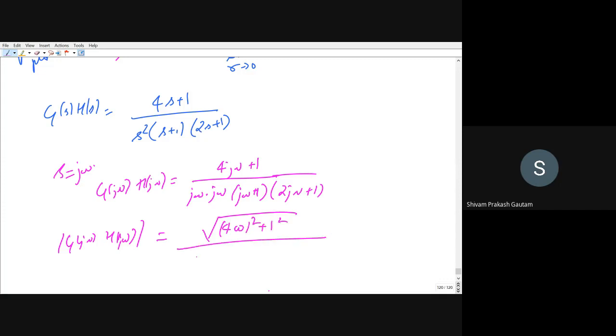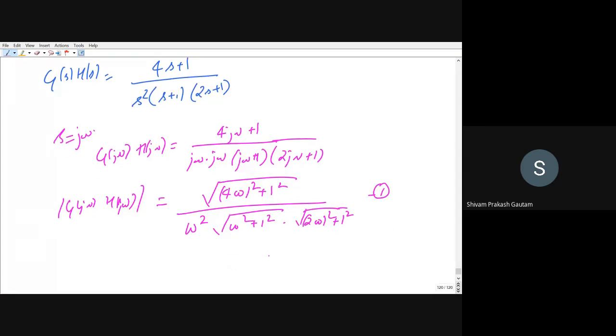The magnitude of j omega will be omega, and again omega. So I can write omega square times the square root of omega square plus 1 square times the square root of (2 omega) whole square plus 1 square. This is our equation number 1.